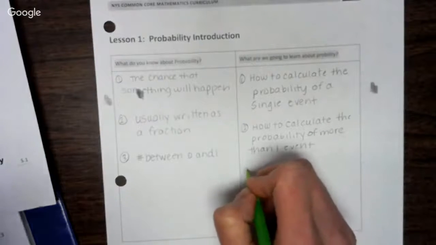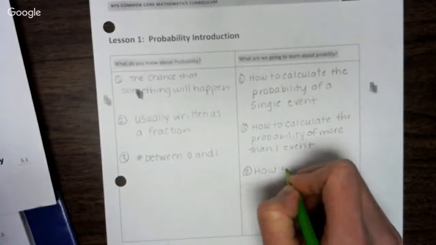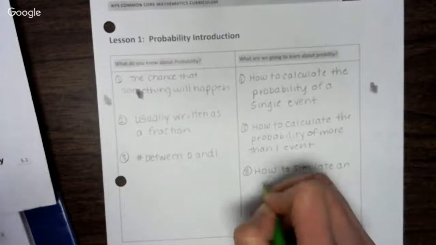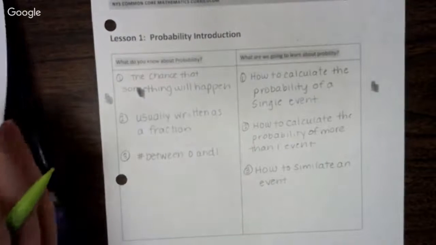We're also going to learn how to simulate an experiment or an event. So an event that we can't actually do, we're going to learn how to simulate that with a probability experiment.